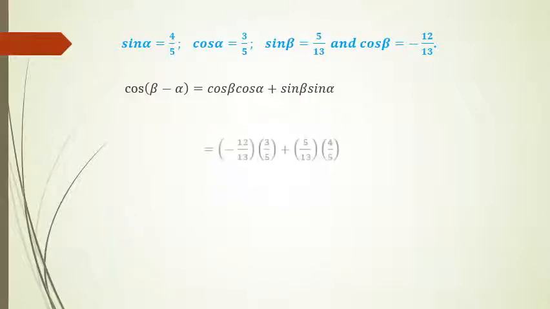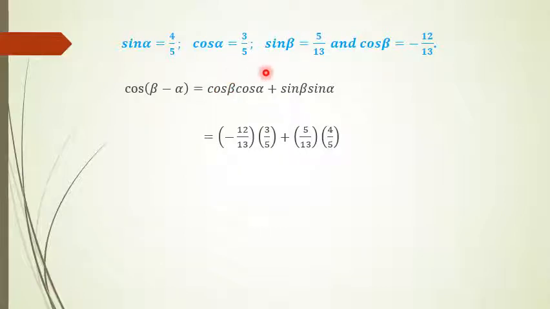Then making the substitutions, cos beta, where is our cos beta? Here it is, minus 12 over 13. So put minus 12 over 13 here. Then cos alpha, that's 3 over 5, plus sine beta, that's 5 over 13, and sine alpha, that's 4 over 5, and then multiplying.